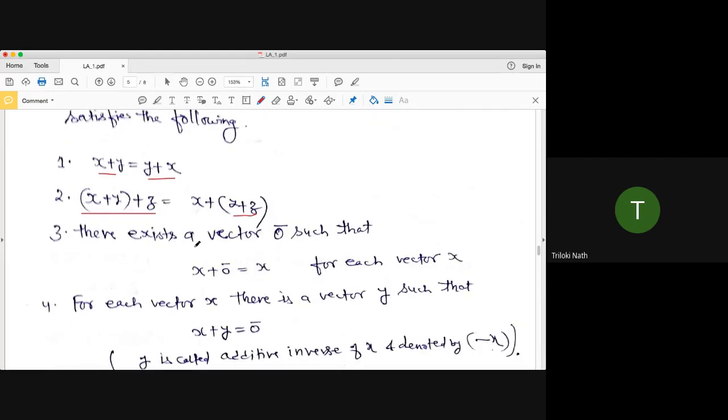Another thing is, there exists a zero vector such that x plus zero vector is x. Zero vector means having no magnitude and no direction, or every direction, because the zero vector is the limiting case. You know, if A is a point here and B is a point here, this is the vector.